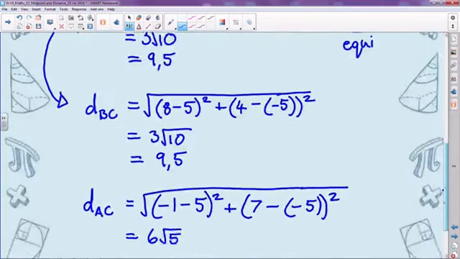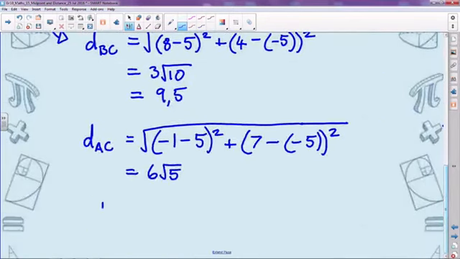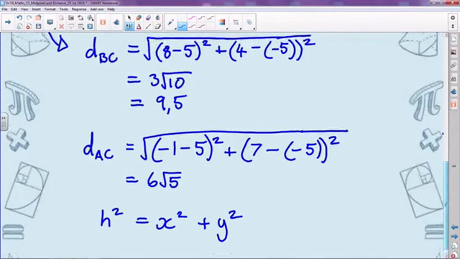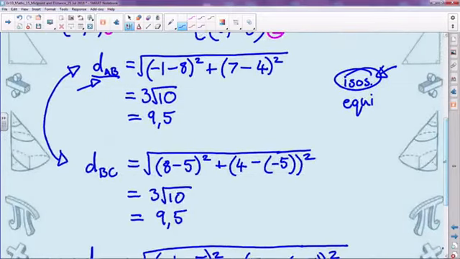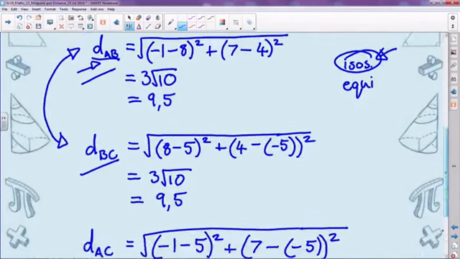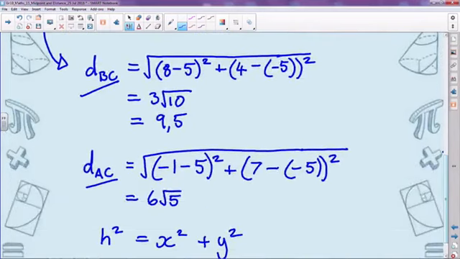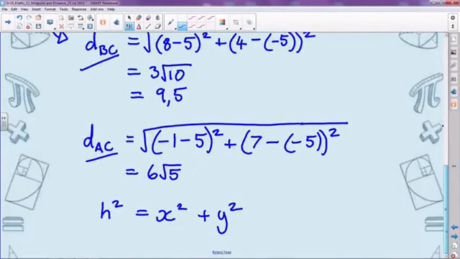We could either use Pythagoras, which of course is the hypotenuse squared is equal to the sum of the other two sides squared. Or we could calculate the gradients between them. Now, because I have already calculated the distance of all three lines, I am going to use Pythagoras.